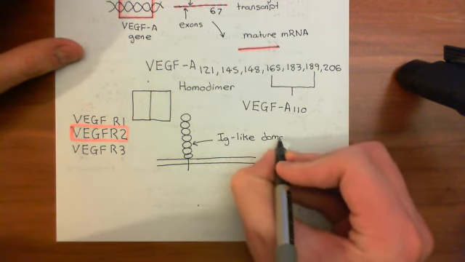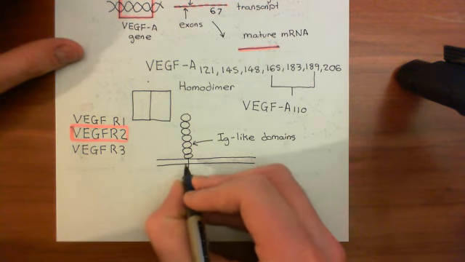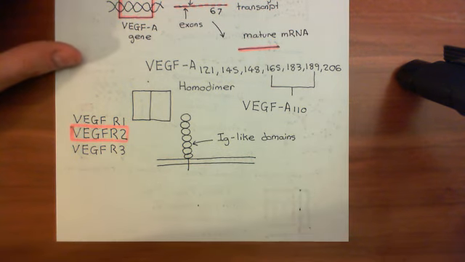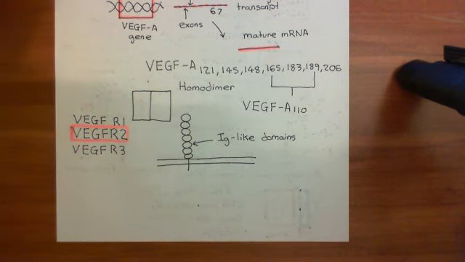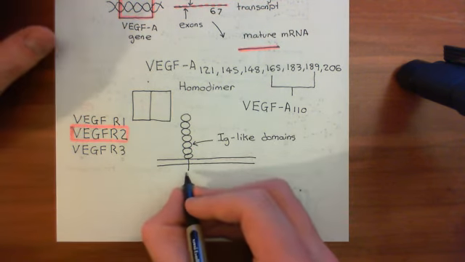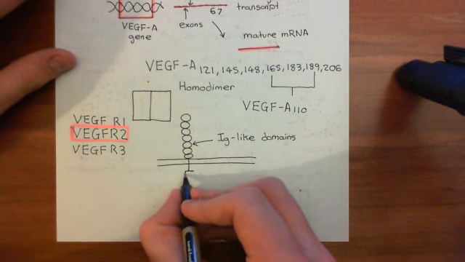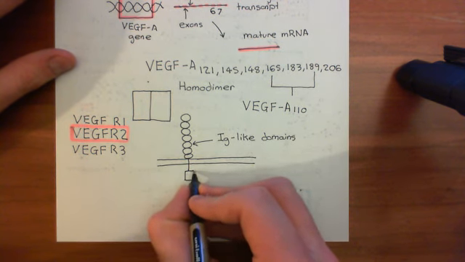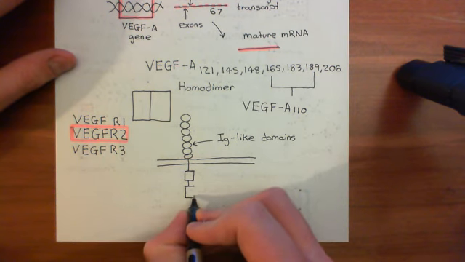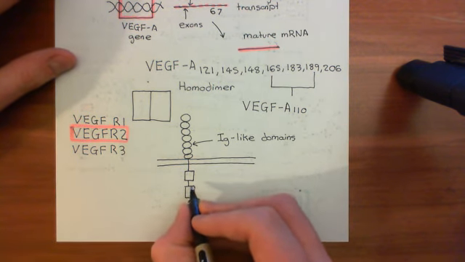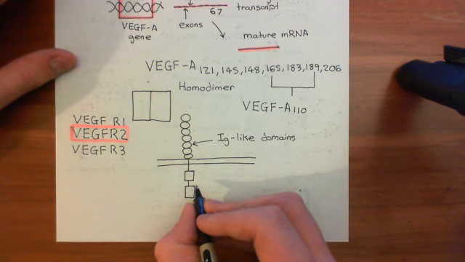Okay. Then we have our transmembrane region down here, which is the portion that straddles the membrane. That will be a membrane spanning alpha helix. Okay. Then in the cytoplasm, what we have is a split tyrosine kinase domain. We have these 2 portions of the tyrosine kinase which are split apart by a kinase insert, as it's called.